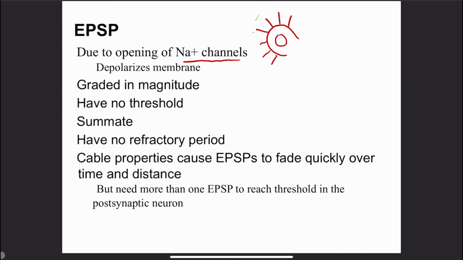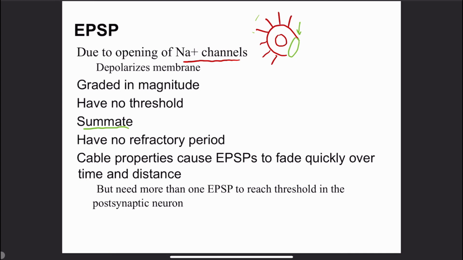It has no threshold. It has no refractory period. It's not like there's a time when one of these graded potentials can't occur. And these add together. This is not true of our action potentials. Remember, our action potentials cannot gain in amplification. As long as these can add together and reach threshold at the axon hillock, then there will be an action potential.